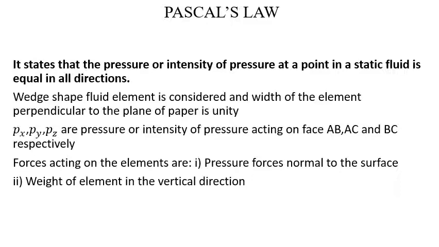The forces acting on the element are of two types. The first is the pressure forces normal to the surface. The second is the weight of the element in the vertical direction. These are the two forces acting on the fluid element.